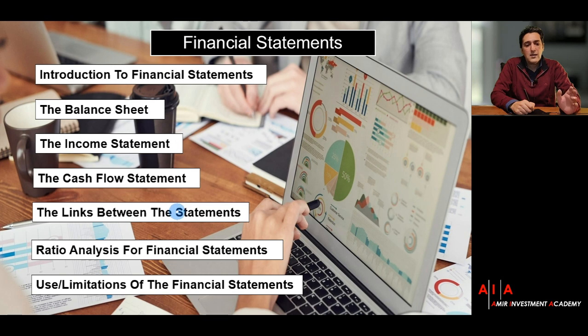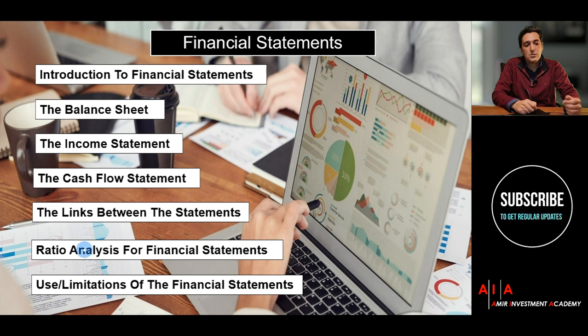And then we are going to move on to probably the section that everybody is looking forward to, which is how to analyze the financial statements. Because let's not forget, that's the whole reason why we're doing this: to be able to look at the statements and make informed decisions. We're going to use ratio analysis to get that done.